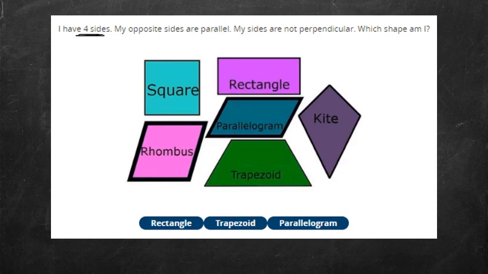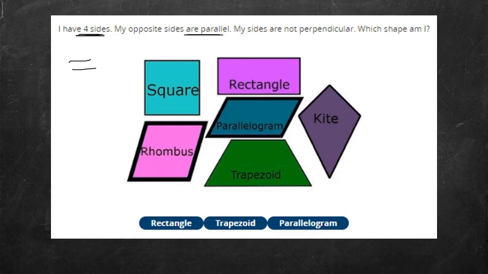The first thing we notice is that the opposite sides are parallel. That means the top and the bottom are parallel, and the left and the right are parallel. They do not cross. Parallel lines are lines that do not cross.